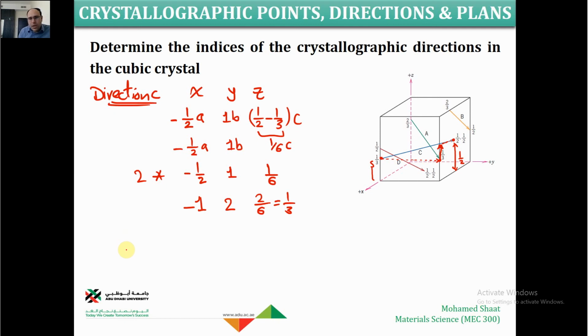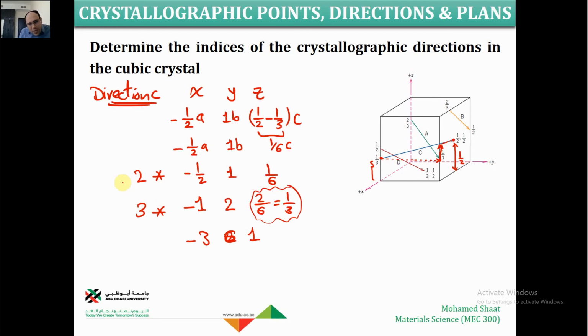Make sense? Now I still have a fraction, which is 1/3. It means that I should multiply times 3. So if you multiply times 3, this is going to give us -3, 6, and 1. So 3 times -1 gives -3, 2 times 3 gives 6, and we're going to end up here with 1.